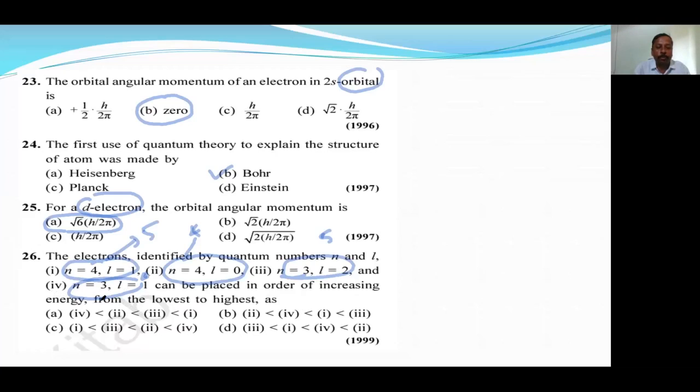So fourth should be lowest, then second. Increasing order, lowest to highest. Fourth option first, then second, then third, then one. So A option is correct. Okay, 23 answer is 0, that is B option, 24 B option, 25 A option, and 26 A option.